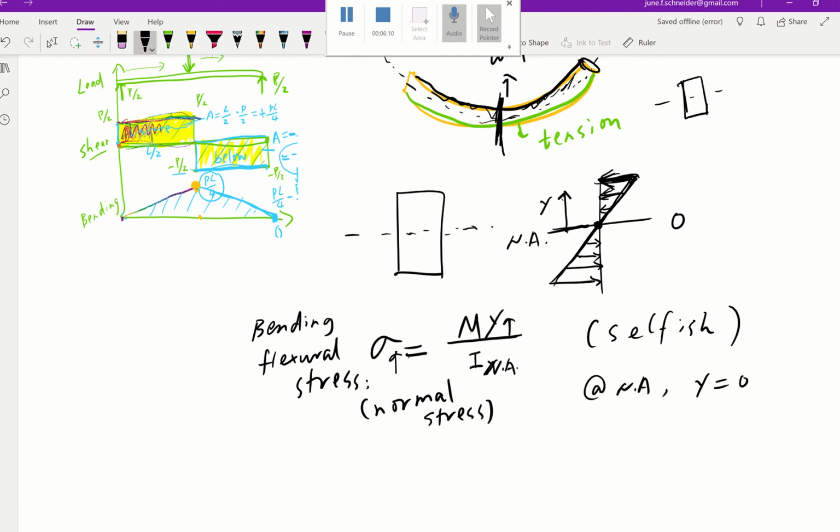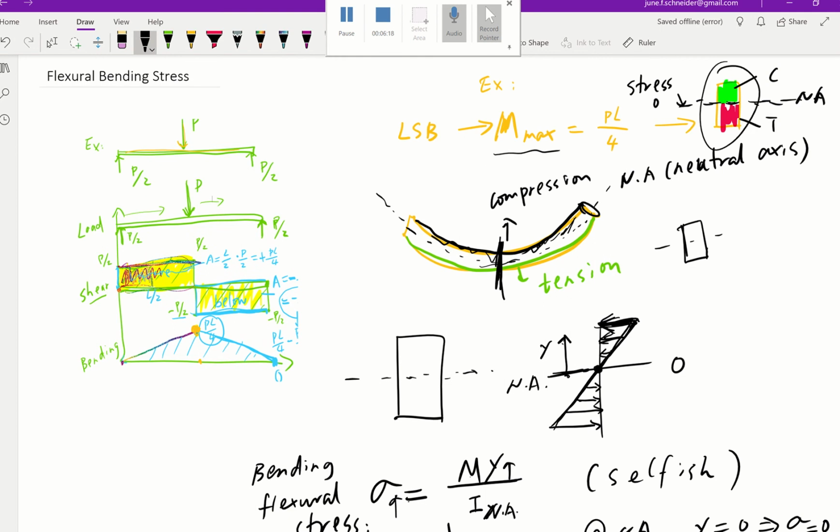Y is equal to 0, and then correspondingly our sigma, our stress, is equal to 0. So going back to this chart here, you have the top part being compressed and the bottom one being subject to tension, and right at the neutral axis, the stress is 0.